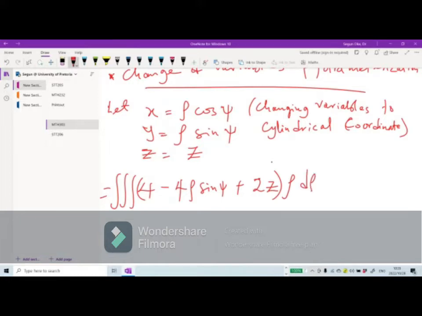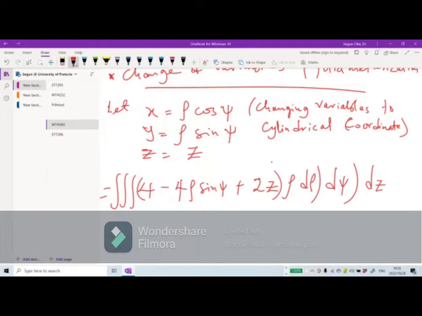Some will say theta is still the same thing. Don't forget, we have the rho, then the second one will be with the psi, and the third one will be the z. Since we have 3 integrals, we have 1, 2, 3, just to initiate the problem we want to solve.